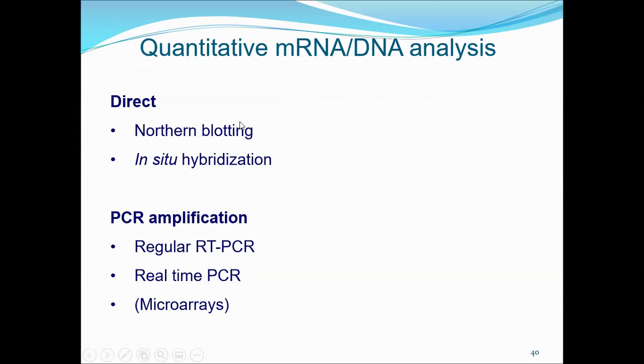Northern blotting is blot based, in situ hybridization is tissue based, and PCR is in vitro, where you can perform the regular reverse transcriptase PCR, where you convert the mRNA extracted from the tissue to complementary DNA, and then you perform the PCR to quantitate the expression level.